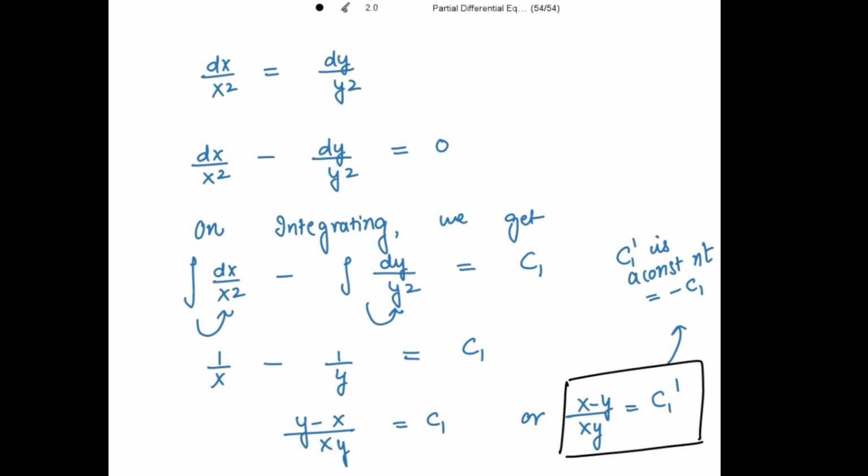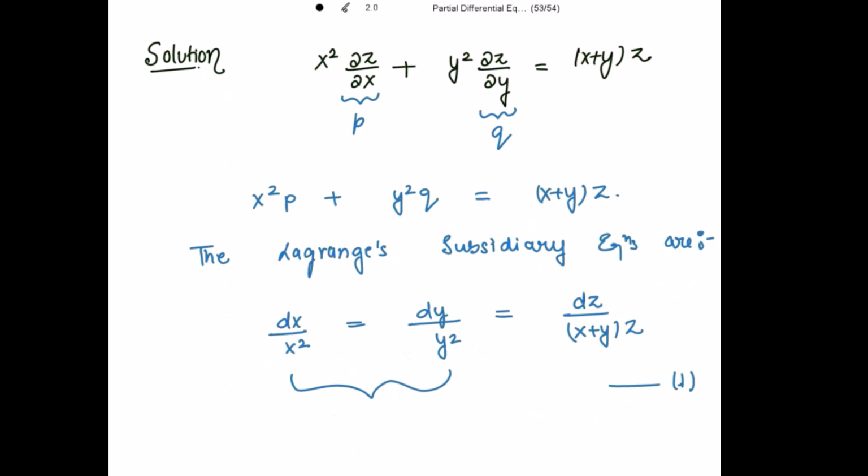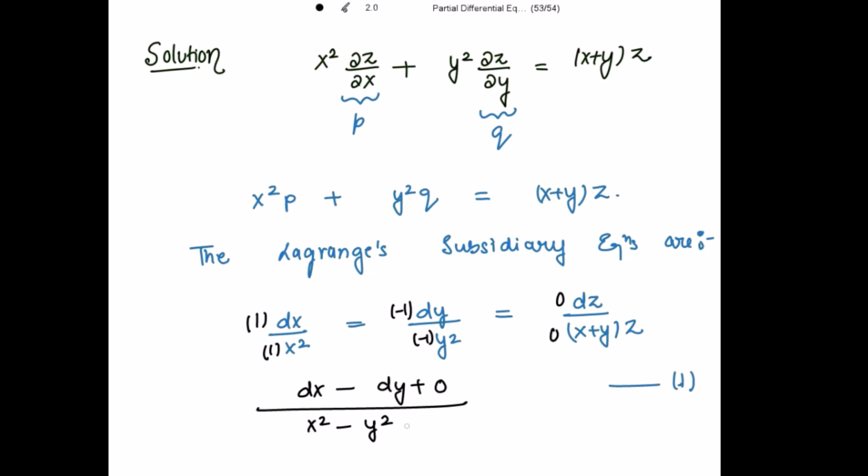And now finding another solution, let's get back to our equations. If I use the multipliers 1, minus 1 and 0 and add all these together, that means this is dx minus dy plus 0 divided by, when multiplying the denominator with 1 I get x square, when multiplying the denominator with minus 1 I get minus y square, and multiplying the denominator with 0 I get 0.